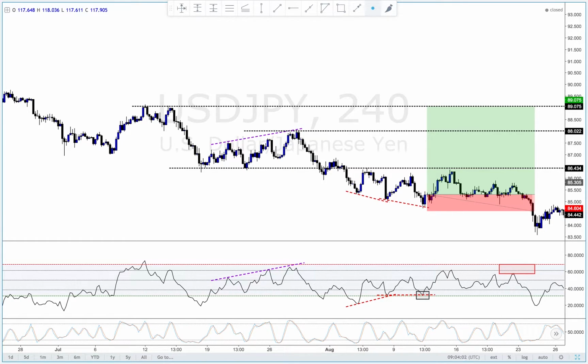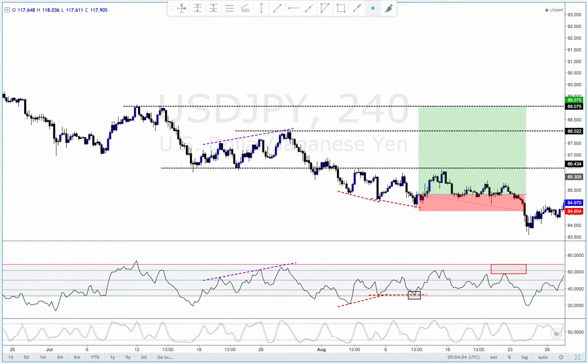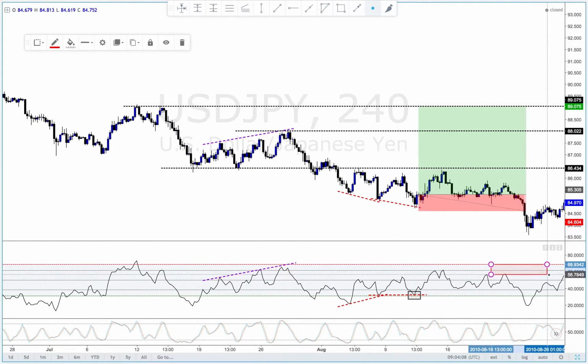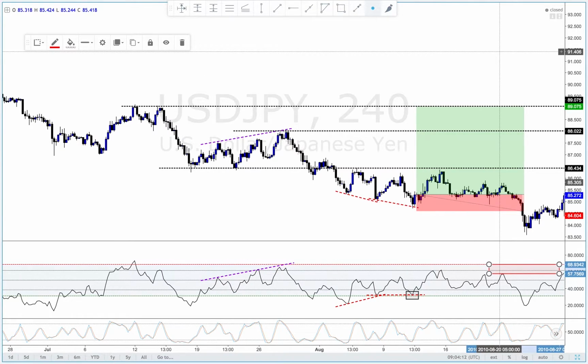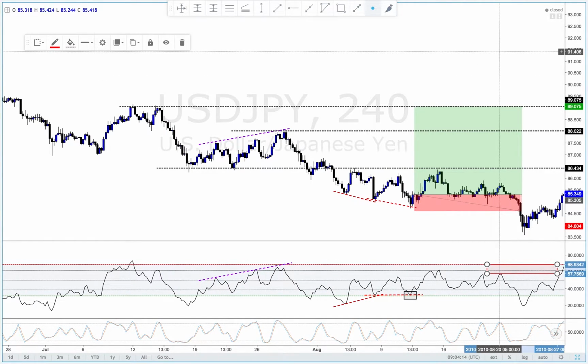At this point, I'm not looking for any trades until my criteria is met. And RSI has made it.